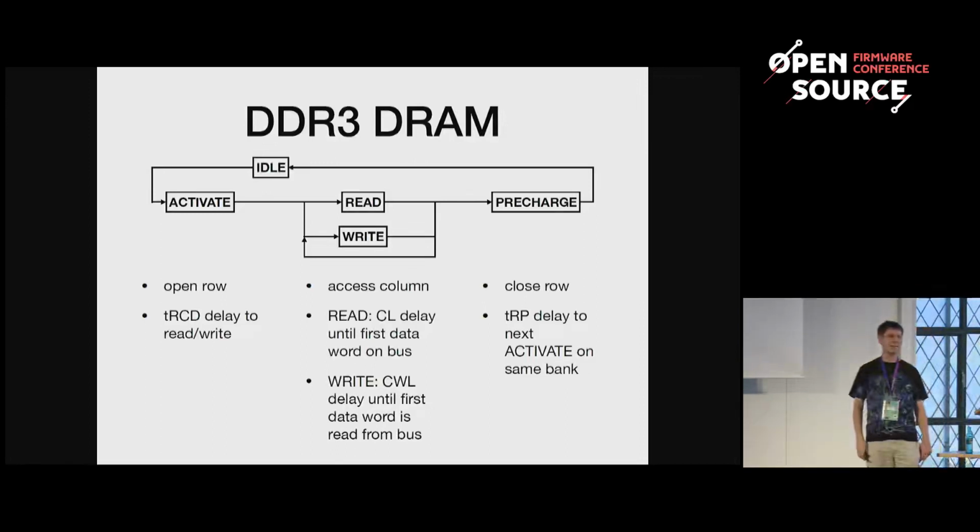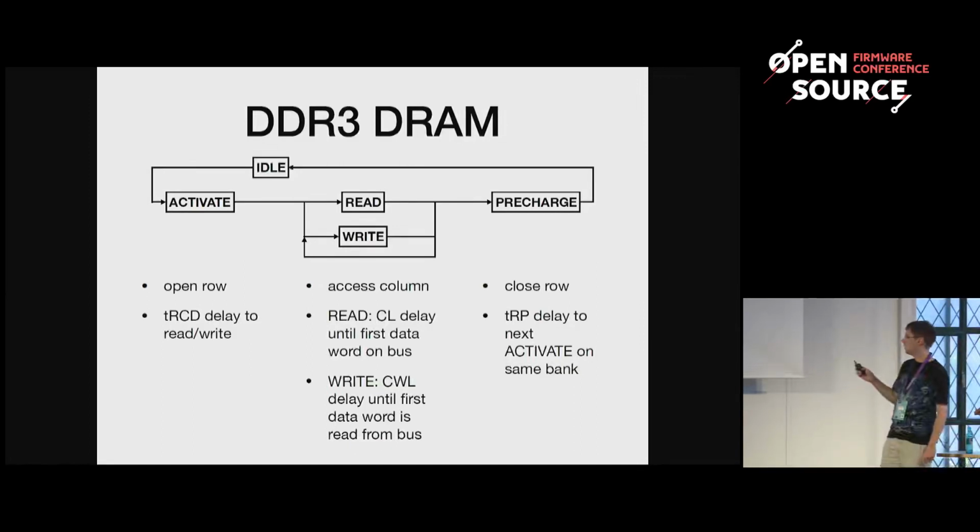And the read request takes a certain time, CL, until the data appears on the data bus. So all those commands have certain latency. And also for the write, you have the CWL delay after you send the write command until it starts reading data from the data bus.